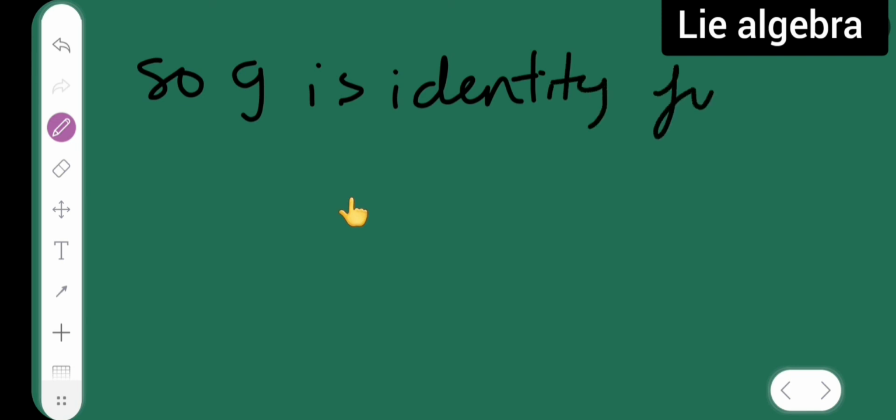So g is the identity function as required.